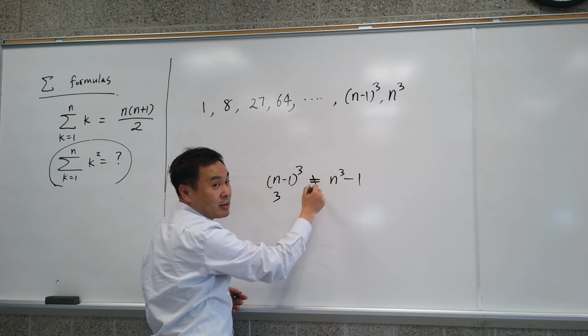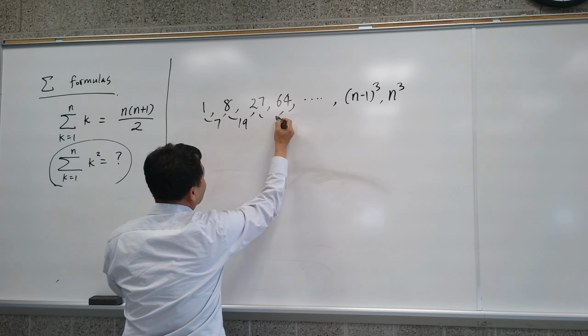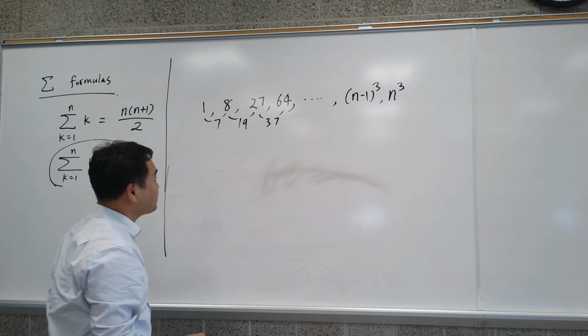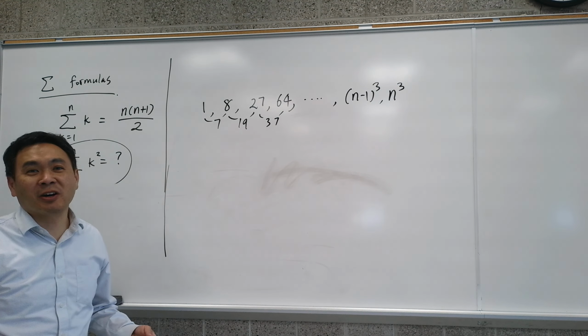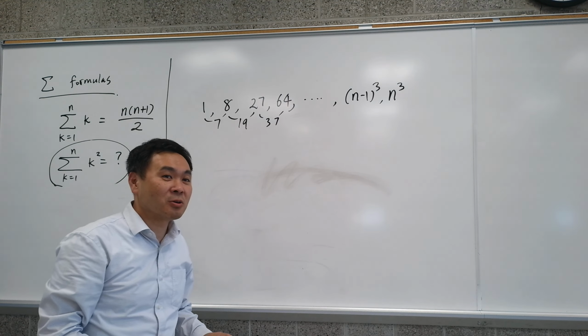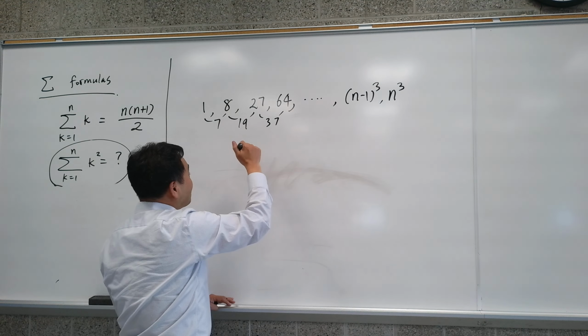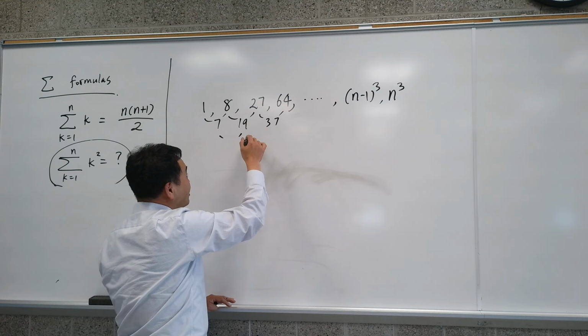So you have that, and then, of course, you can try finding patterns by taking the difference. You get 7, 19, 37. Do you see a pattern? It's harder to find this time. It just happens that if you do this, you don't find the pattern. But if you go another layer, this is 12, and then 37 minus 19 is 18.